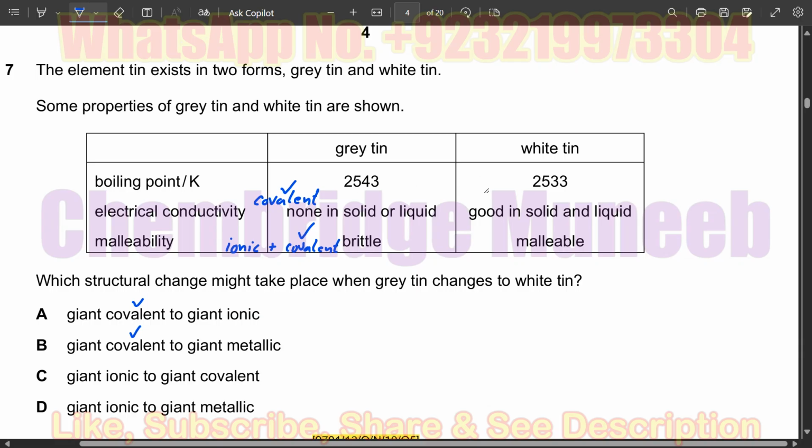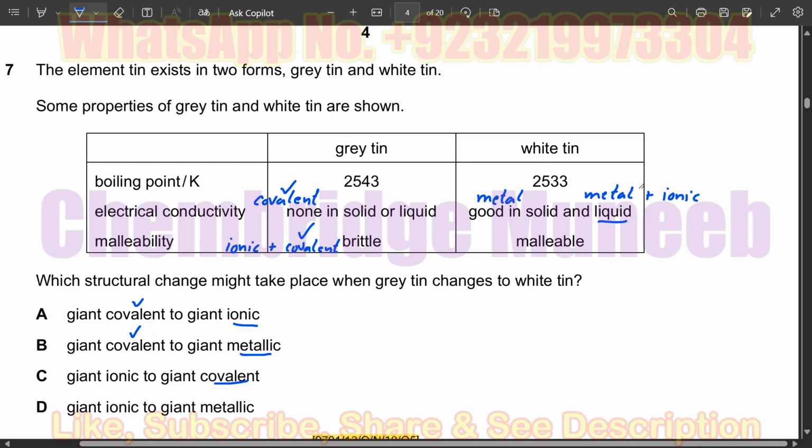Now about white tin. From the electrical conductivity, if it is a good conductor in solid form, then we know that a metal is basically a good conductor in solid form. We have to check from ionic, metallic as well as covalent, so there are three possibilities here. And the electrical conductivity in liquid means it can be metal in the molten form, or it can be ionic in its molten form.